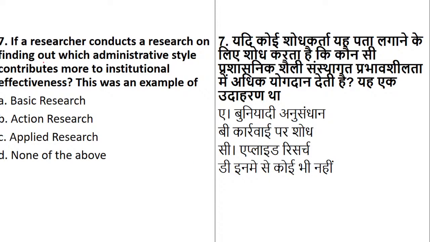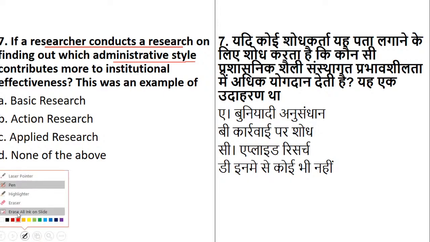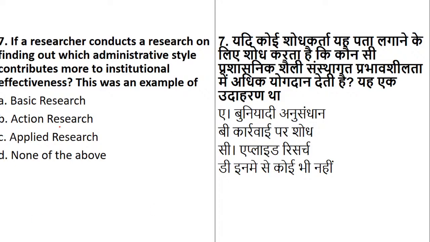A researcher is conducting research on finding out the administrative style which contributes to institutional effectiveness. So this can be an example of what? It can be an example of basic research, action research, applied research, or none of the above.